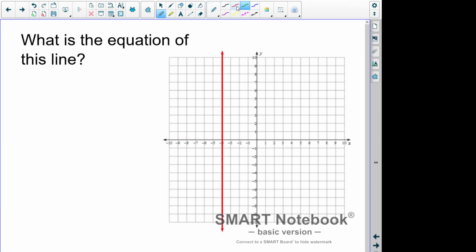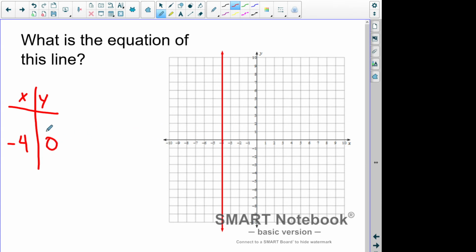Here we have a similar example. If I look here, it's not a horizontal line, but a vertical line. And so if I list out some points here, well, when x is equal to 0, x can't be equal to 0. X is negative 4. So when x is negative 4, y is 0.